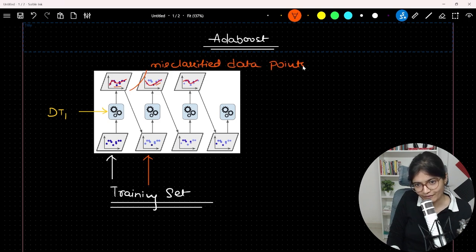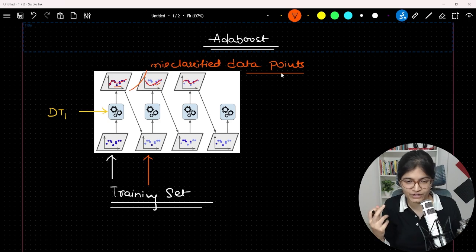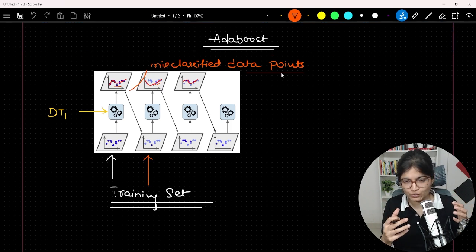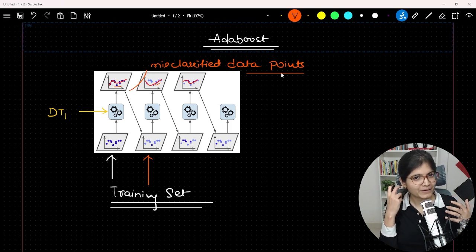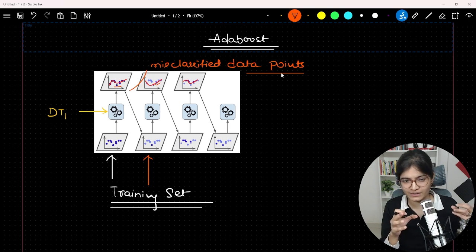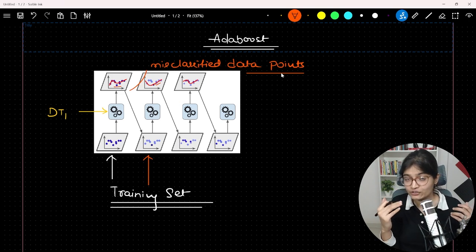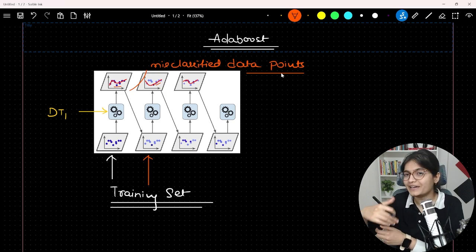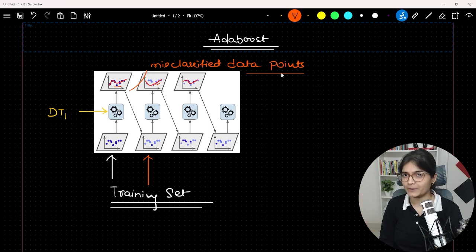I talked about this in my previous core idea video with a layman example: if a teacher gives 5 questions to a student, and the student gets 2 correct and 3 incorrect, those 3 questions are passed to the next student, and that is how the complete flow goes. The same thing is happening here.